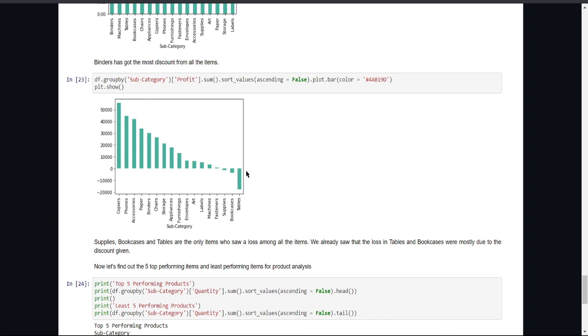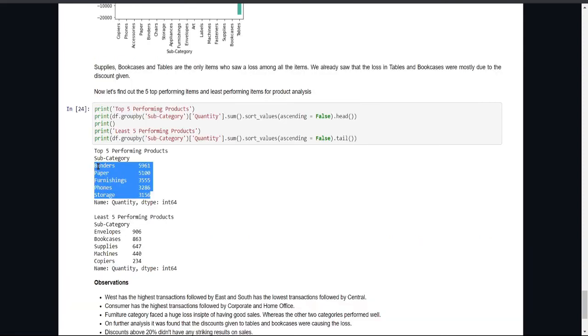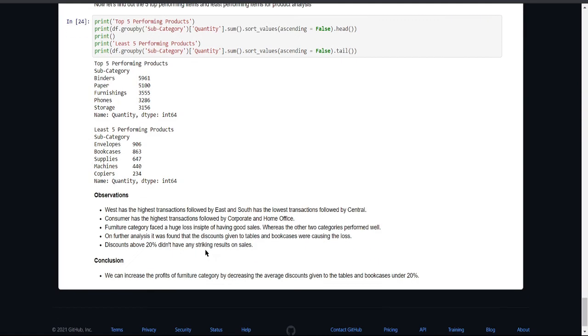These are the only three subcategories which have made a loss. After that, we see the top 5, which are binders, paper, furnishings, followed by phones and storage. The least performing products are envelopes, bookcases, supplies, machines, and copiers.